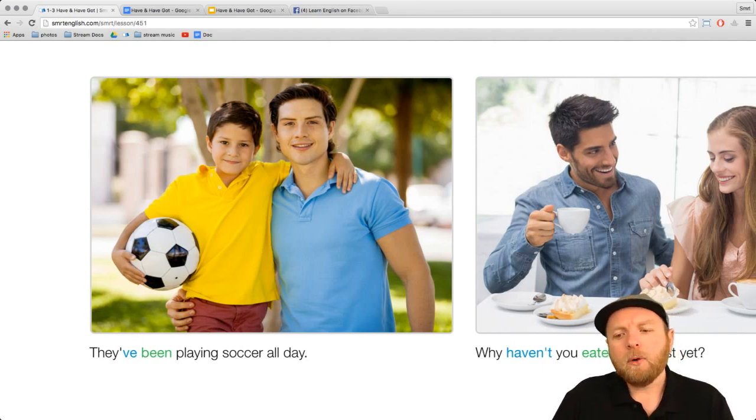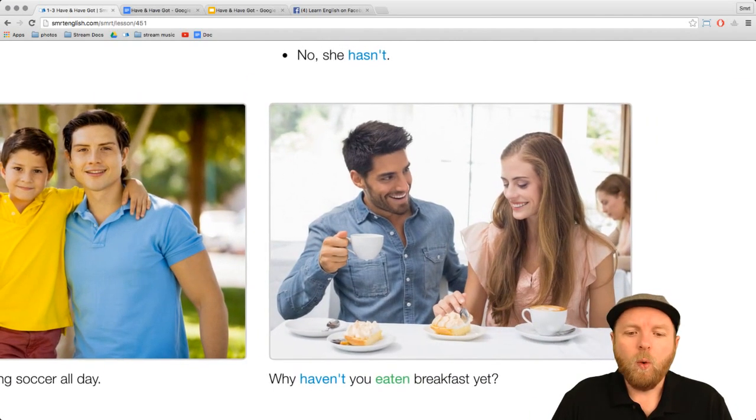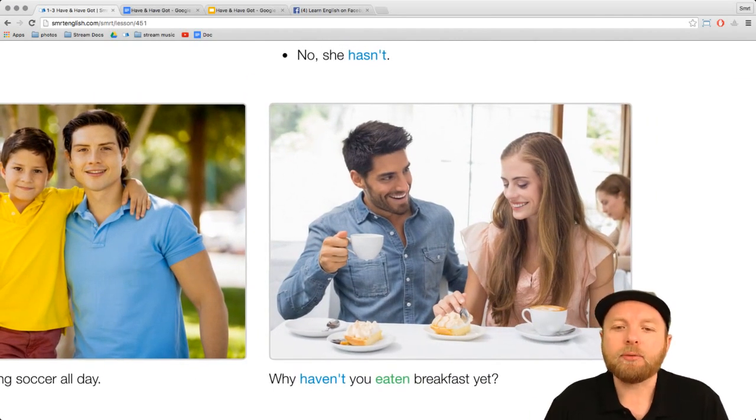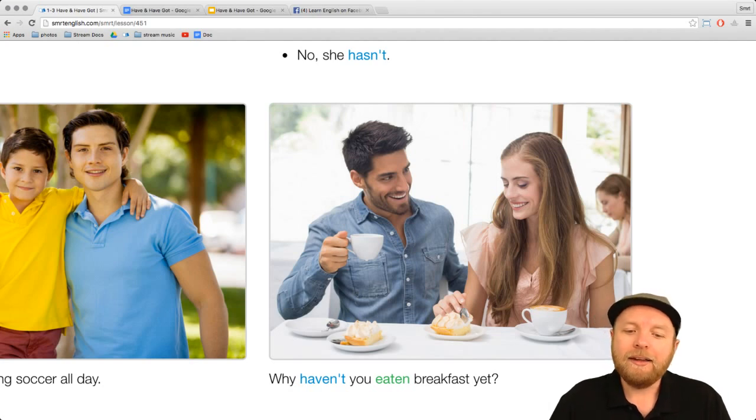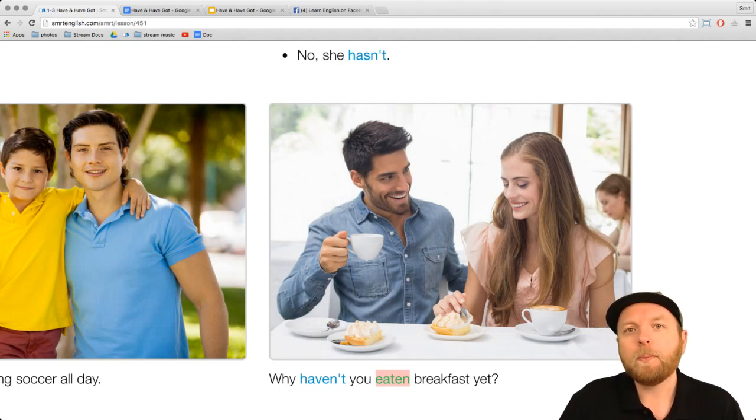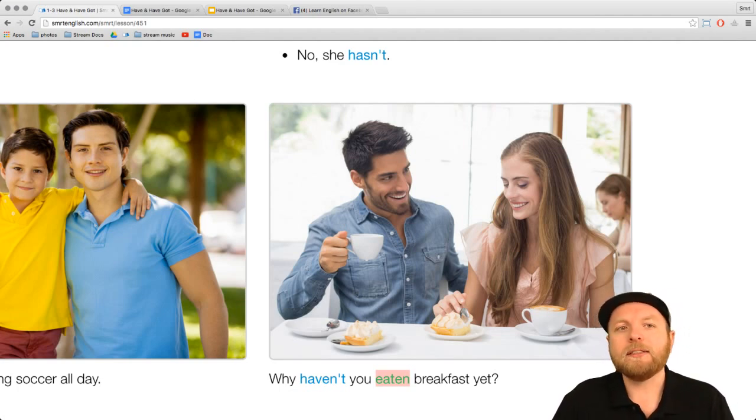So one more example. Why haven't you eaten breakfast yet? And this is a little strange because she's eating pie, but why haven't you? Again, have is a helping verb. The main verb is a past participle because this sentence is present perfect.